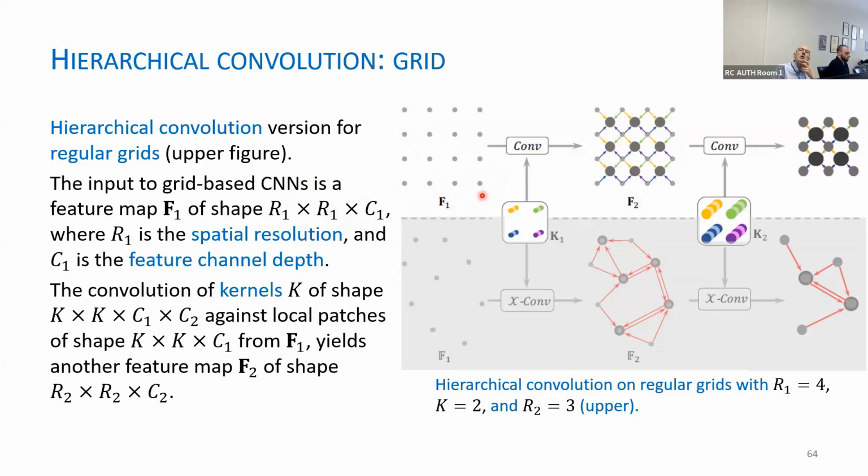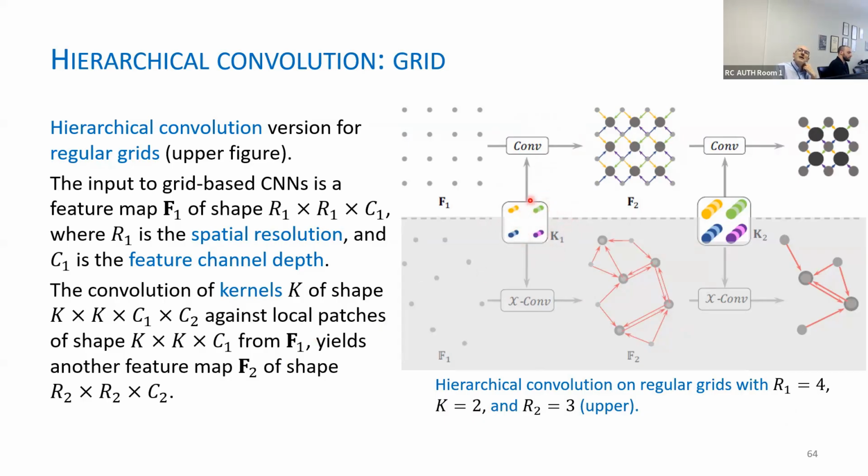For each point, we have a feature vector, which is given by this C1 component. You know very well that applying convolution is equivalent to applying a mask, the convolution kernel, which is basically a matrix. In this case, it is a 2x2 convolution mask.